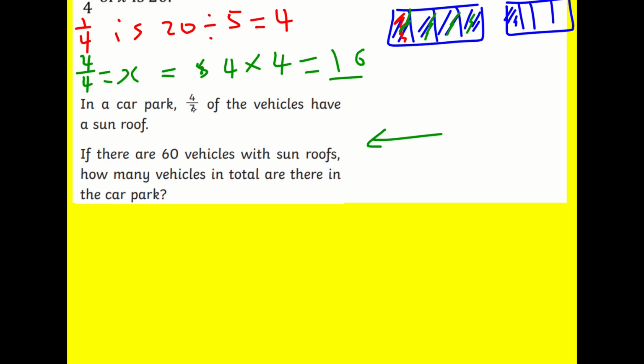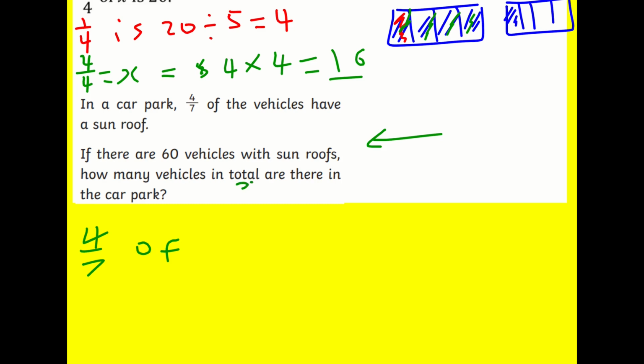So in a car park, 4/7 of the vehicles have a sunroof. If there are 60 vehicles with sunroofs, how many vehicles in total are there in the car park? So what can I do here? I know that 4/7 of the total number of vehicles, what shall I call this?